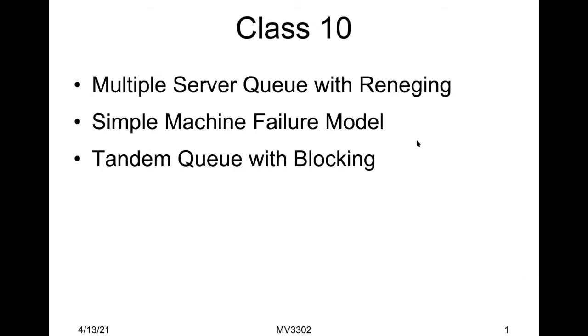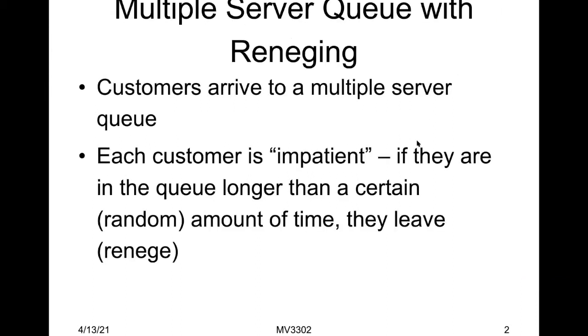Okay, so here's the idea. And this is also part of the approach of iterative modeling. The multiple server queue model that we have has a lot of hidden assumptions. In fact, every model that we have has assumptions which can be more or less hidden.